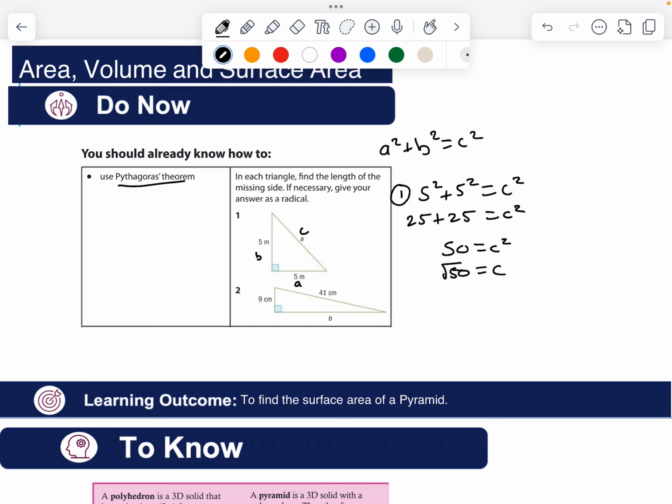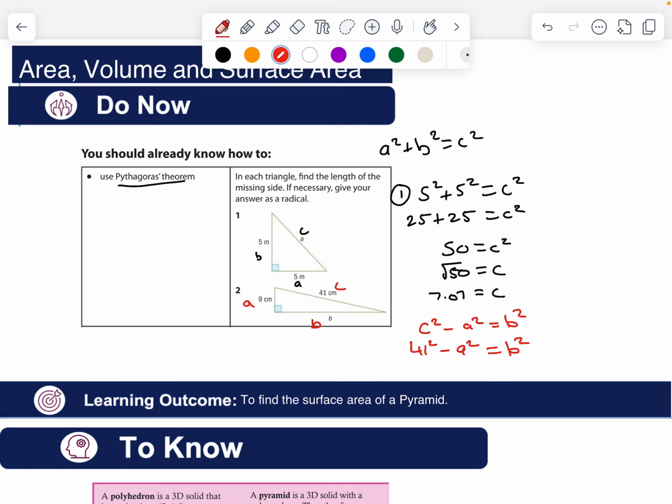Okay, sometimes it wants the number left, as I said, sometimes it does not. So the decimal for this as well is 7.07. Right, the second one we've got A, B and C. Because we actually have the longest side this time, we are going to subtract to get B. So 41 squared minus 9 squared is going to give me b squared.